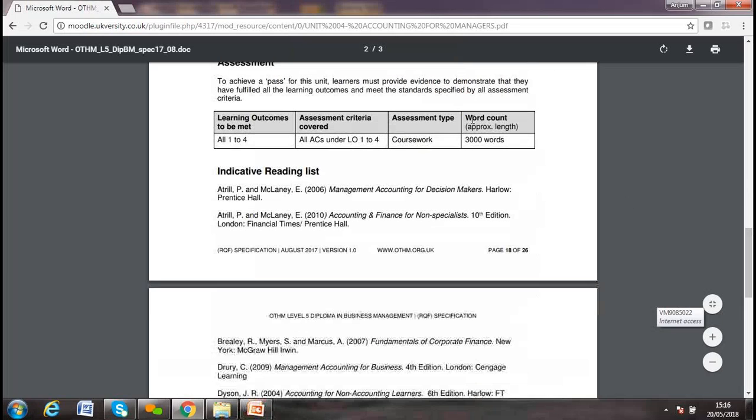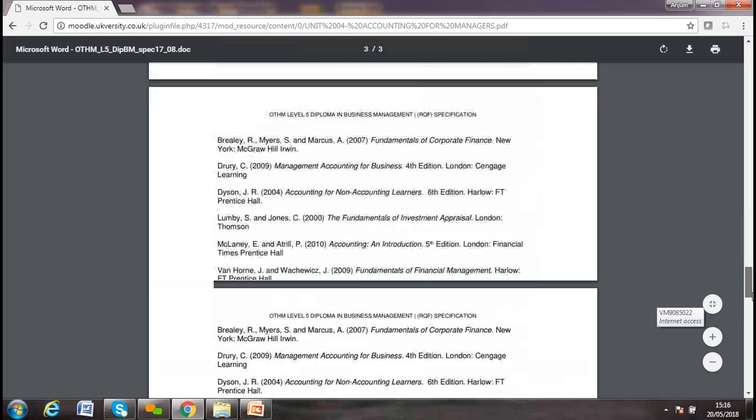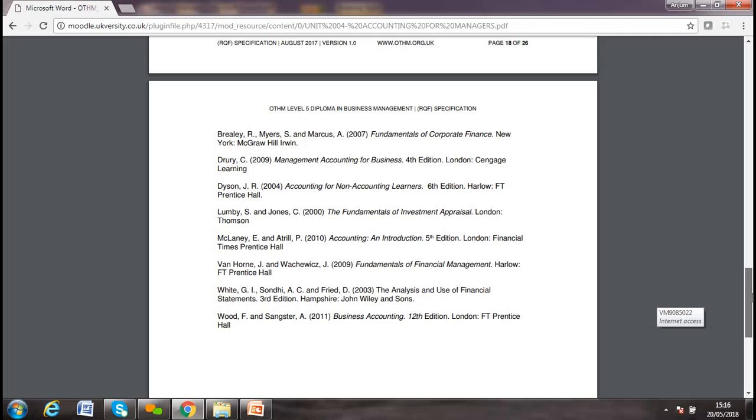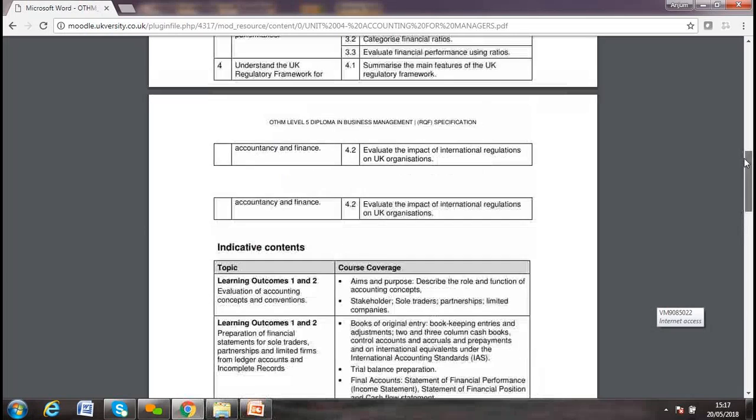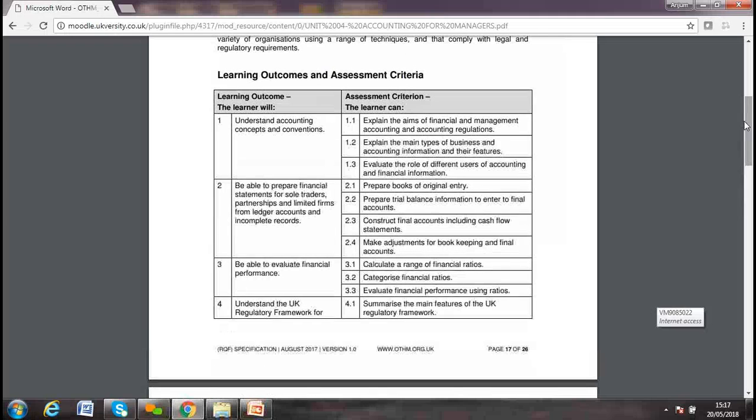It's a 3,000 word assignment. All these are relevant resources for fundamental corporate finance, or you can use management accounting for businesses. These are some recommended books, recommended by OTHM, our awarding body.